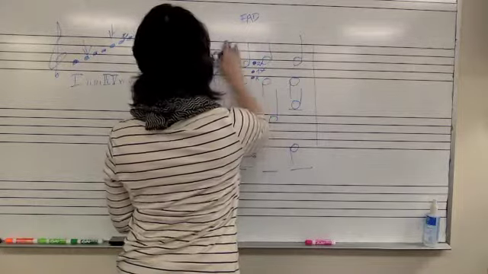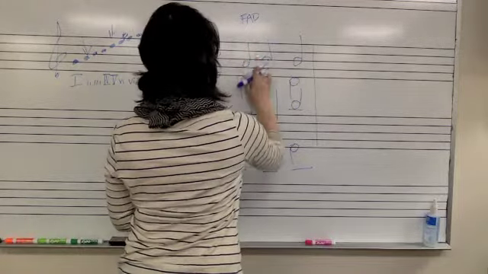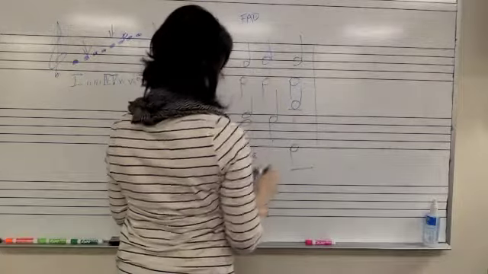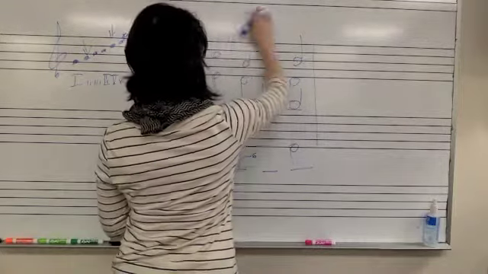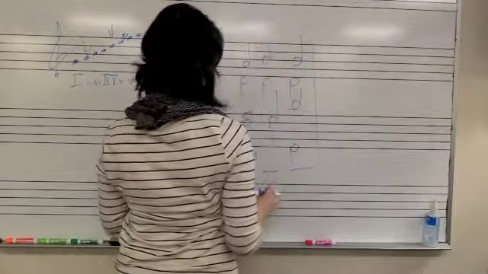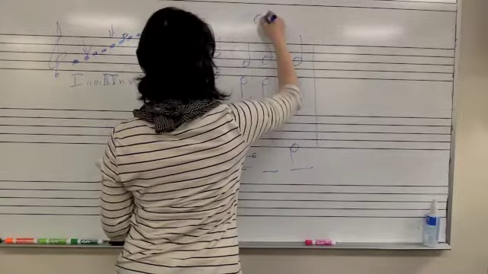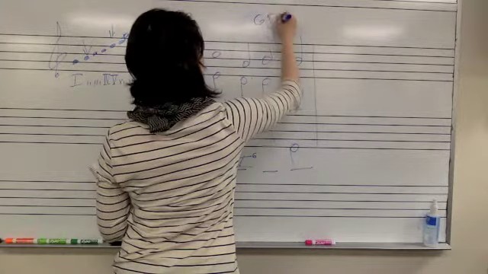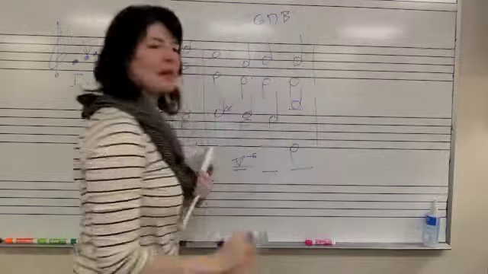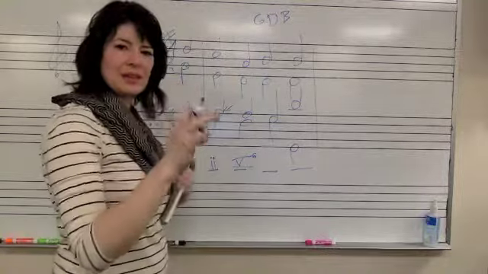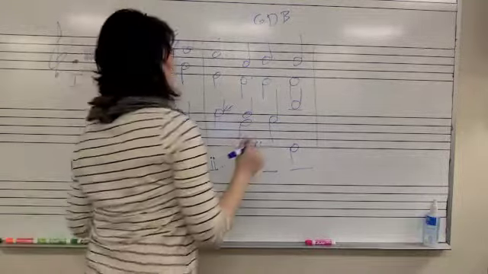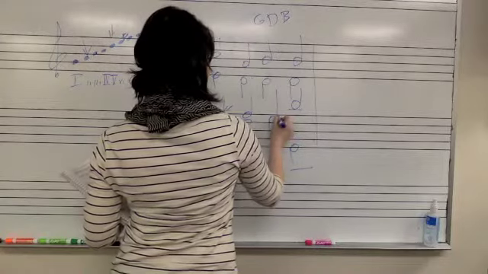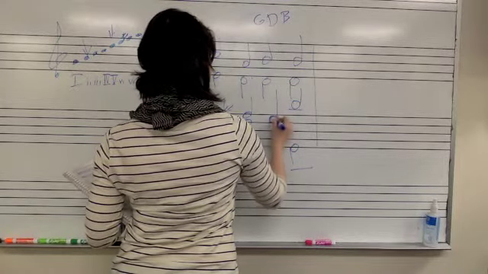We can erase some of this so it's a little less messy. All right, so our next chord is going to be a G, a D, and a B. So we've got to mix and match these so that they end up in our root position triad, our closest triad that we can get.